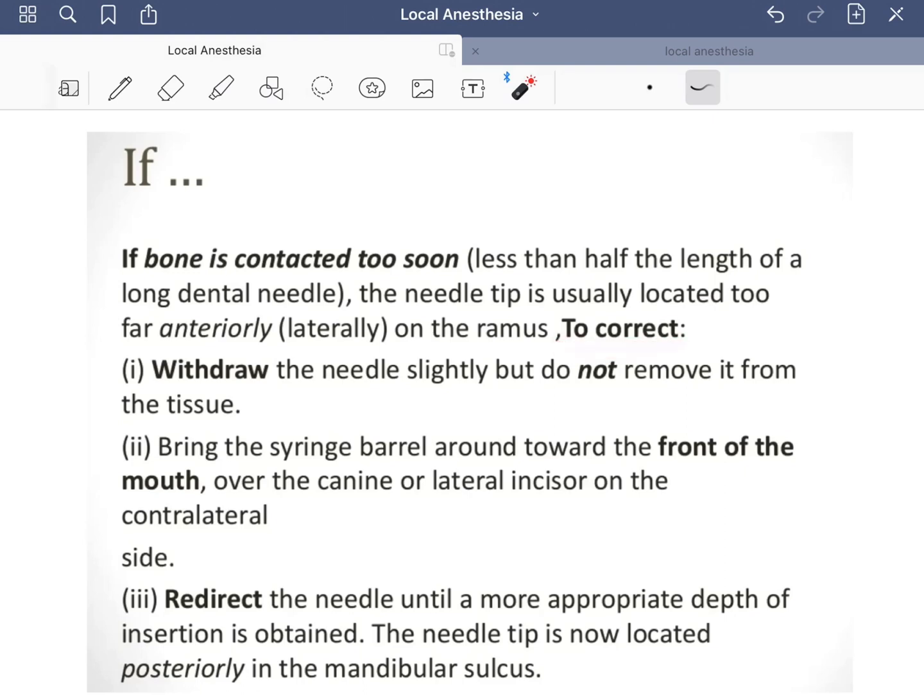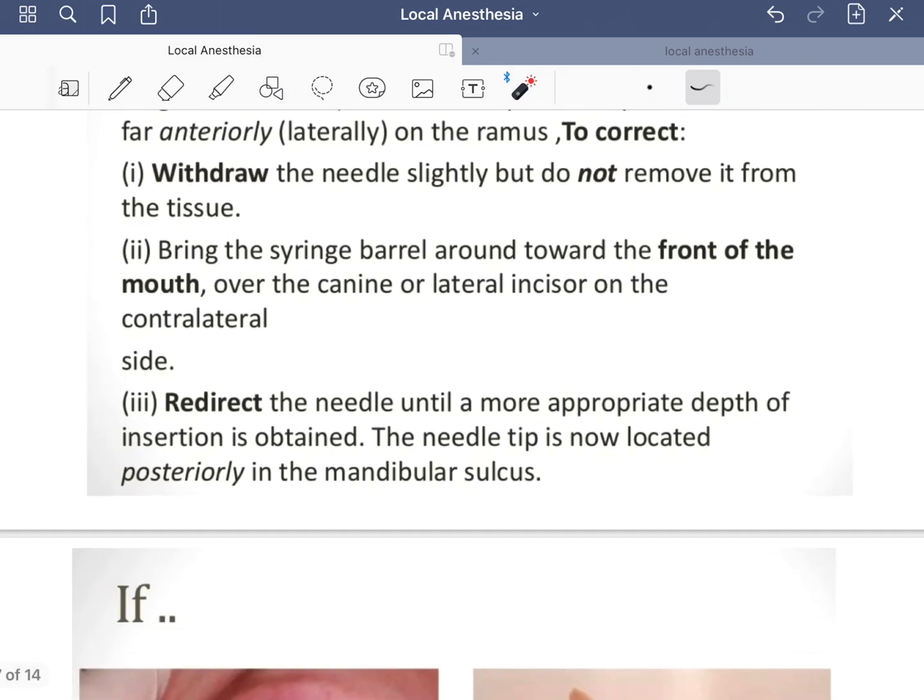To correct this, just withdraw the needle slightly but do not remove it from the tissue, and redirect the needle until a more appropriate depth of insertion is obtained. If the needle tip is located too far posteriorly in the mandibular sulcus, just withdraw your needle slightly without complete removal from the tissue, then redirect the needle into a more appropriate position or depth until the bone is contacted.